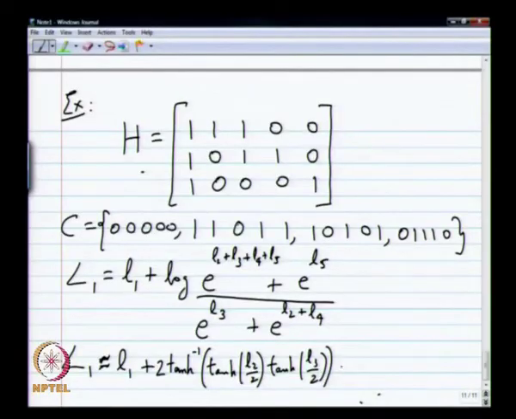Now the second row is really difficult to account for. If you assume independence there, you will get something involving L3 and L4, and the third row is easy to account for, because that is going to be independent, and you get L5 out. Even here e power L5 comes out, and you get L5 plus something involving L2, L3 and L4.